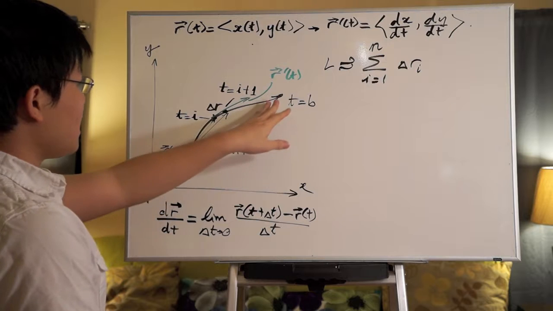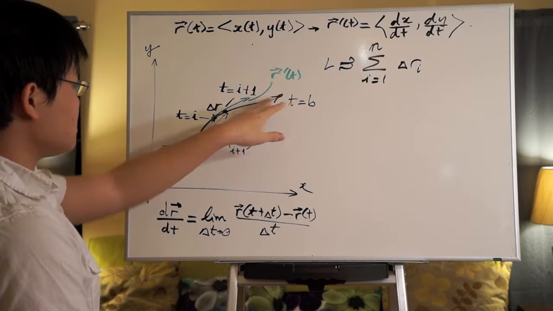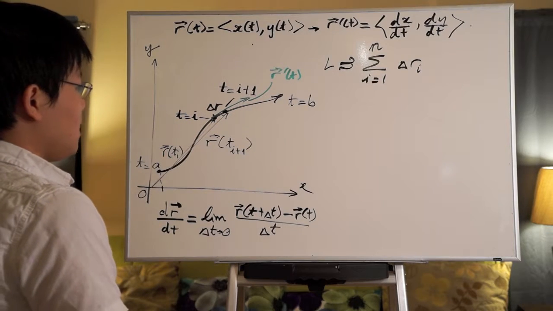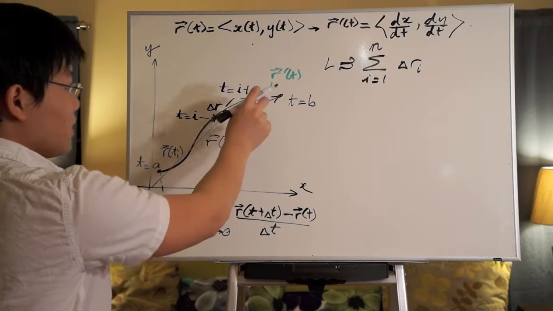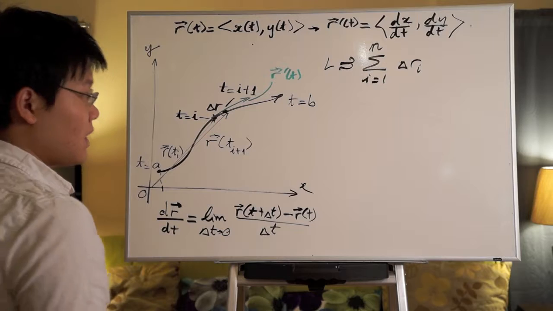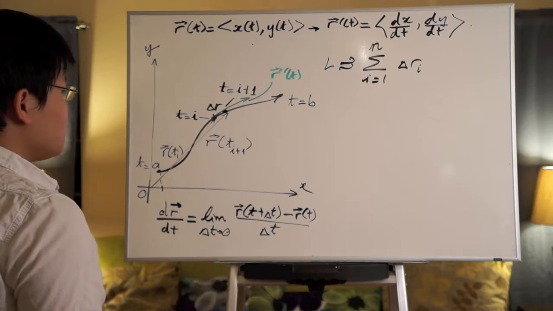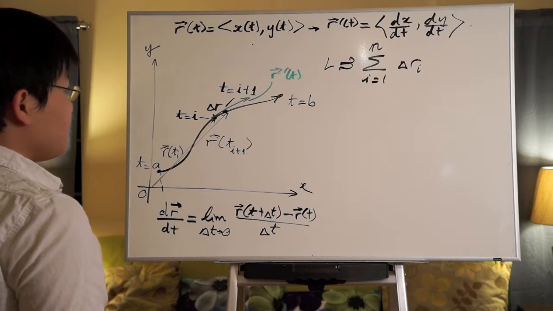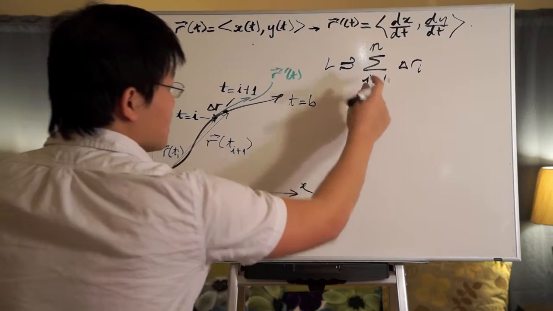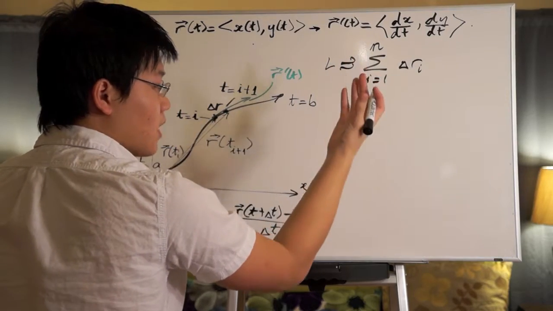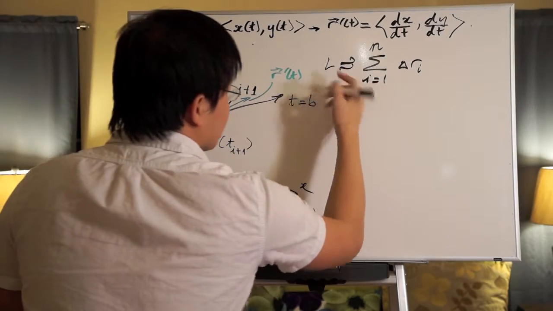Well, you can divide this up into many little increments, so n could be anything that you want. n could be 1,000, 1 million, anything that you wish. The bigger the n, the more accurate it will be.